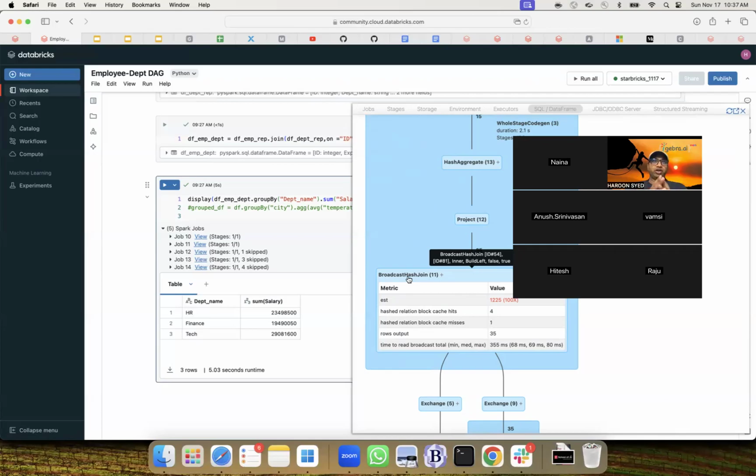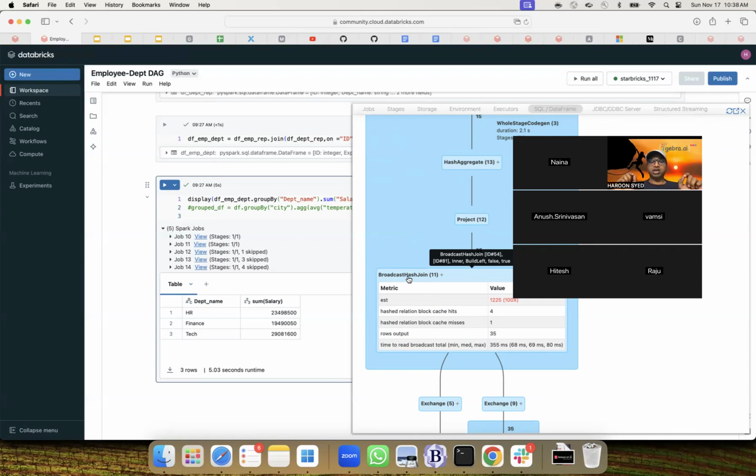So basically, when you join two tables, there are different strategies that are applied. So first thing is types of joins. Don't confuse the types of join with the join strategy. Types of joins is basically your SQL joins: inner join, outer join, left join, right join, cross join, self join, whatever it is.